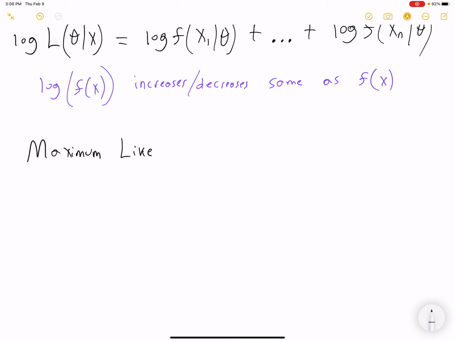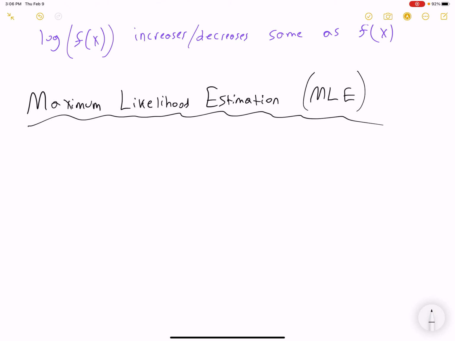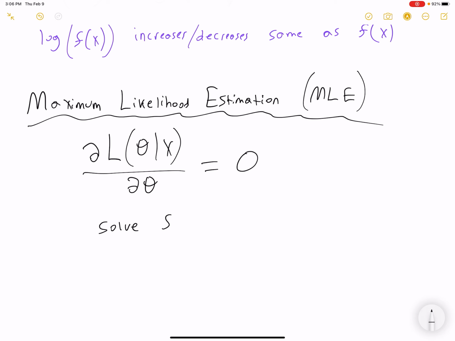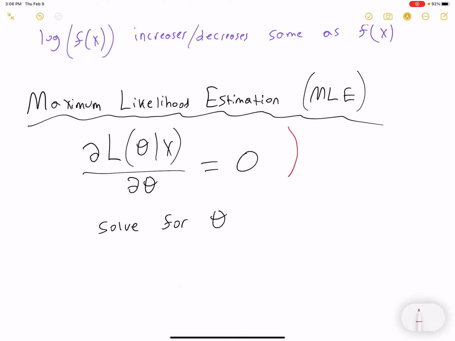Maximum likelihood estimation, often abbreviated as MLE, which is not machine learning engineer, but related, I guess, where we perform the regular optimization problem of taking the derivative of the likelihood with respect to the model parameters, setting that to 0, and solving for the model parameters, which is just a regular optimization problem.